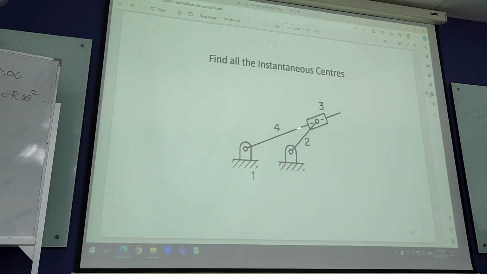You can only see 3 instantaneous centers, right? This is 1, 4, 1, 2. This is linking 2 and 3, and this is also 3 and 4. So there are 2 more instantaneous centers. You know 4, where are the remaining 2?